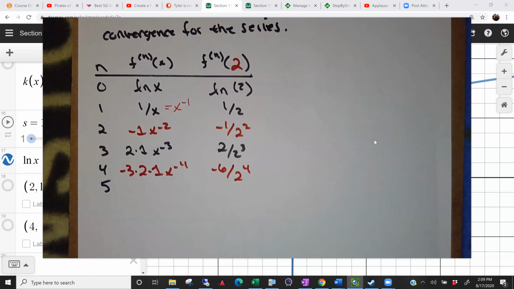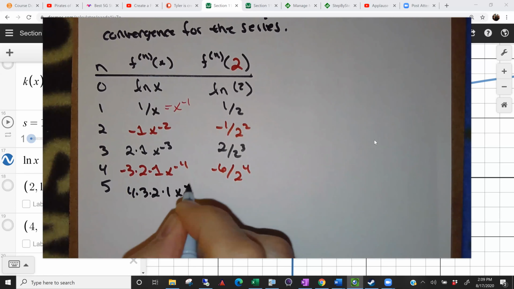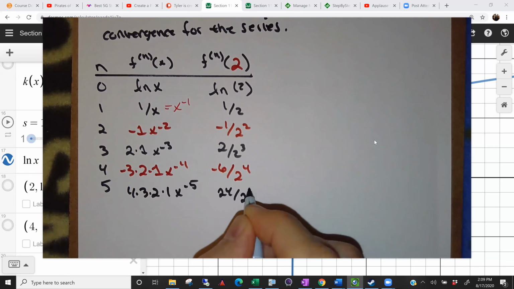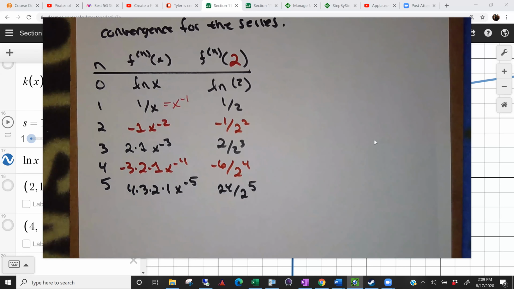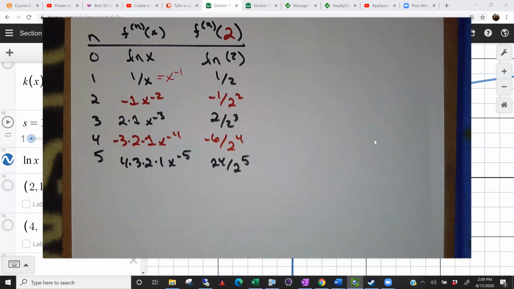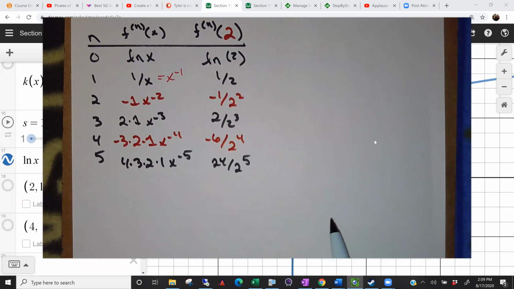And finally, the fifth derivative: negative times negative is positive, so 4 times 3 times 2 times 1, x to the negative fifth. It's going to be 24 over 2 to the fifth. All right, so we're going to have our work cut out a little bit in terms of finding a pattern for this series, so you can write it with a nice summation.